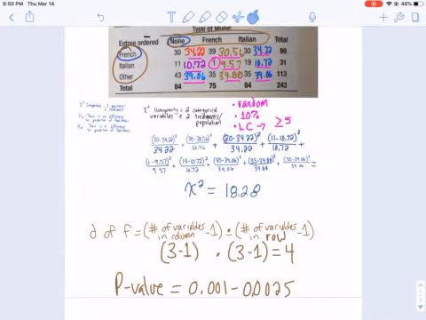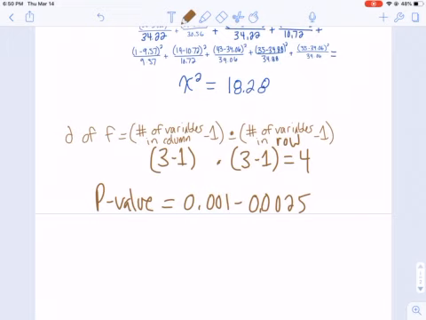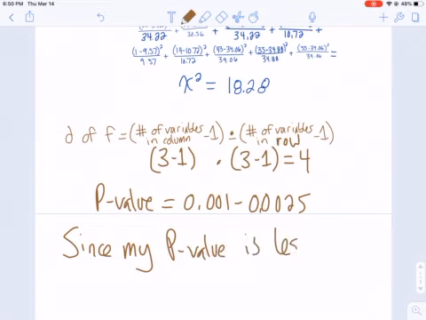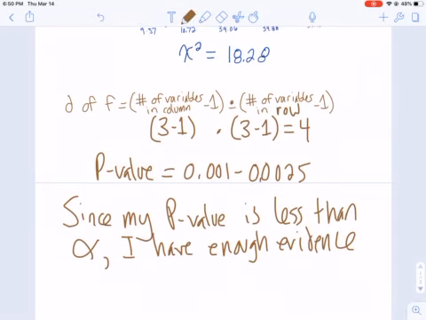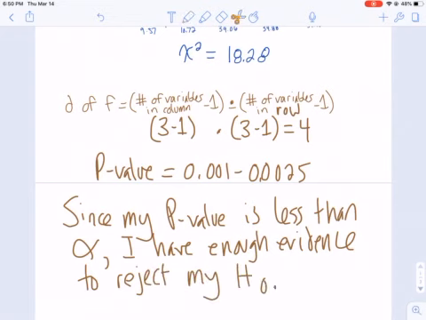So now I can write a conclusion. Since my p-value, remember it's a capital P, is less than my significance level, I have enough evidence to reject my null. As I say, if the P is low, reject the null.